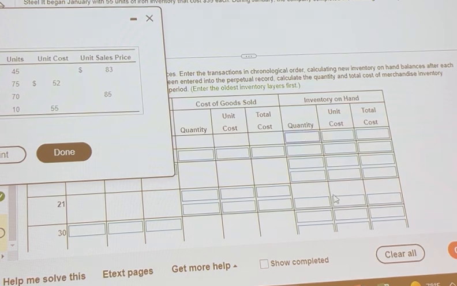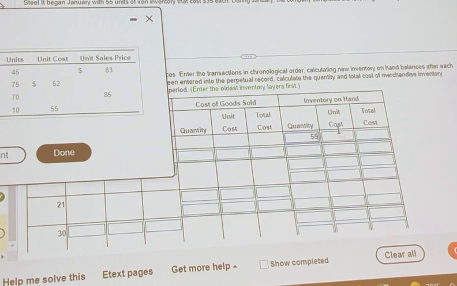And so we'll fill that in, 55 units at a cost of $35 each. And then we have to multiply that. So that would be $1,925.